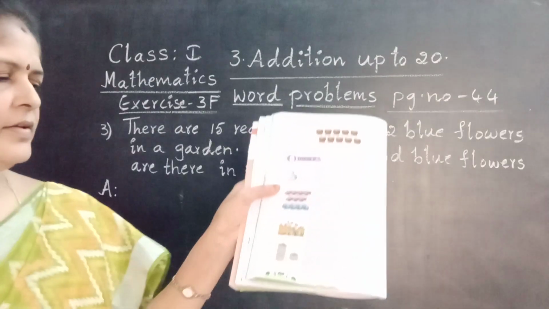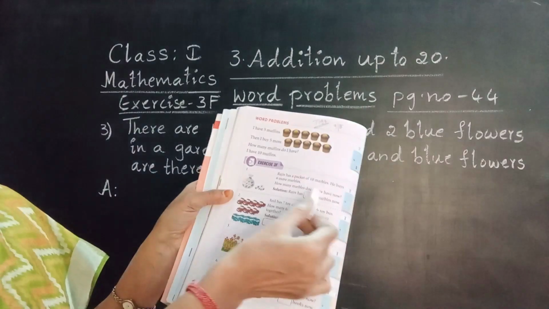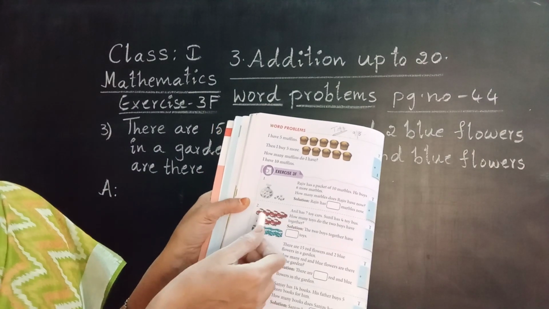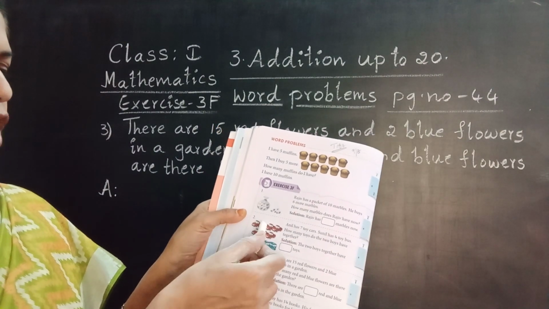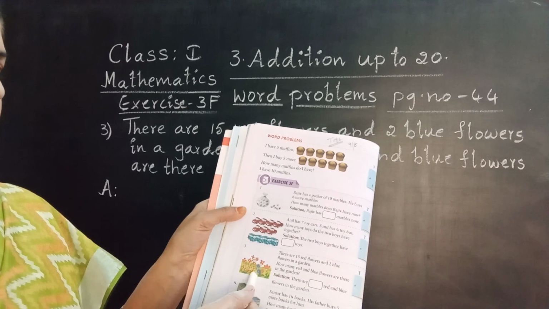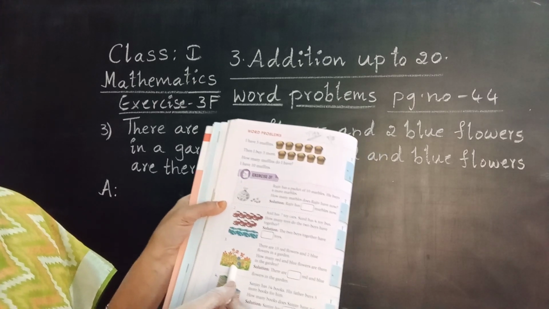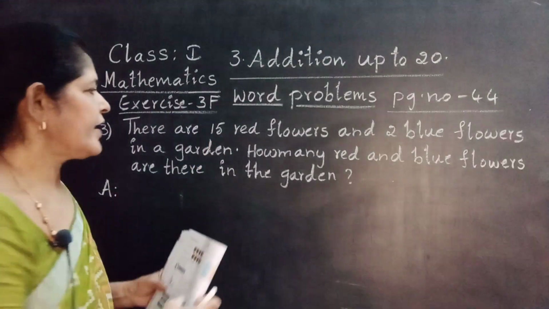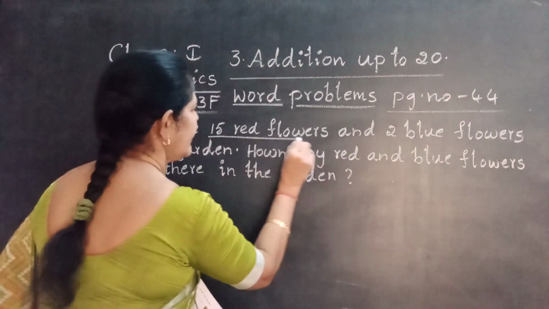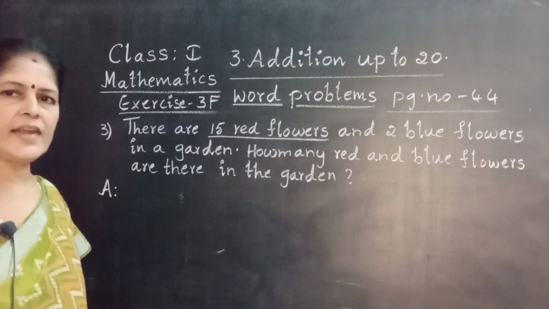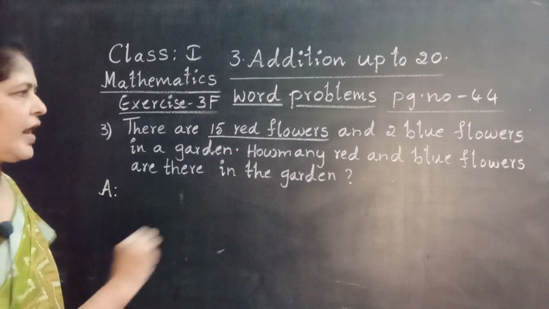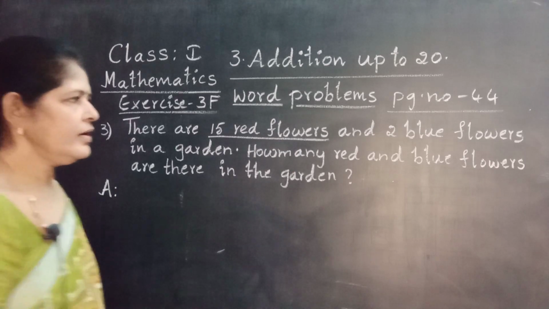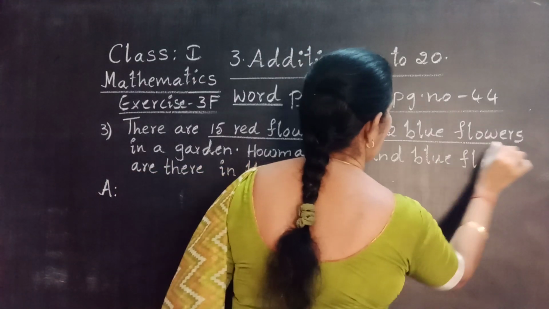Come on, children. Third question. First one is over, marbles. Second one is toy cars and toy buses. Third one. Ready? Come on, look here. There are 15 red flowers. Underline like this. And 2 blue flowers.